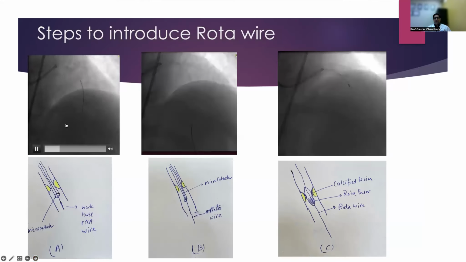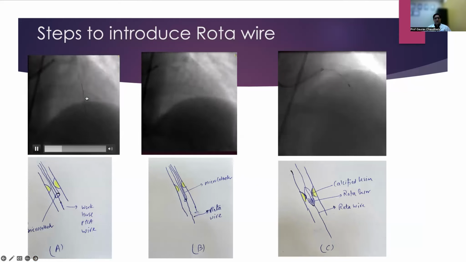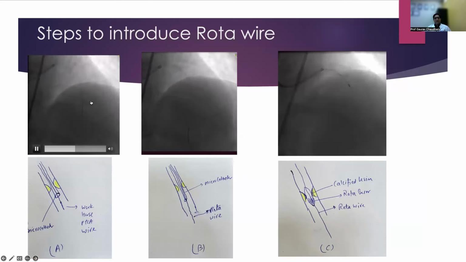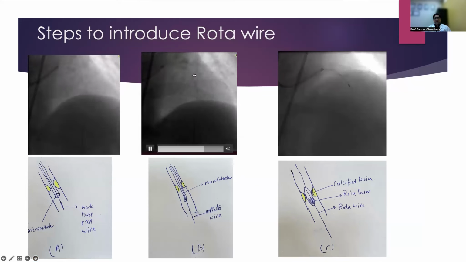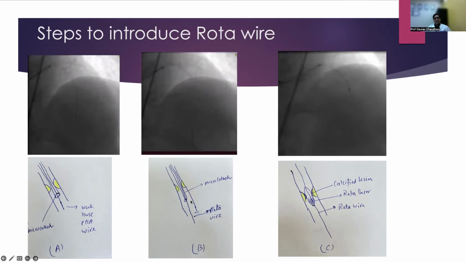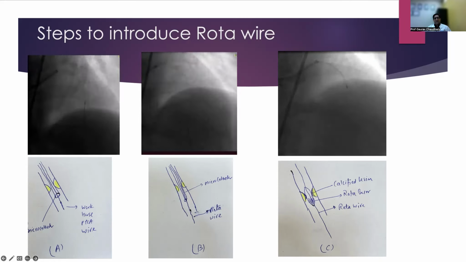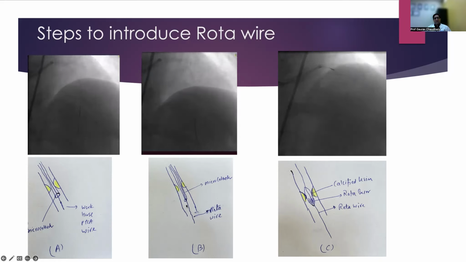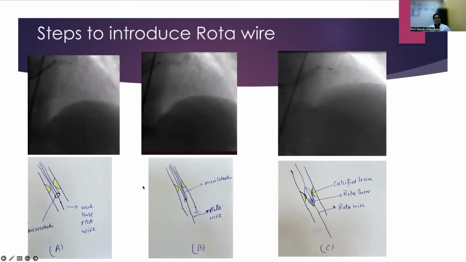The first important thing is how to introduce the rotawire and how to take a burr. Routinely, we take a microcatheter, and in this we take a wire, a workhorse wire like Runthrough or Xision Blue. Once the lesion is crossed, the microcatheter, as we can see in figure B, is taken across the lesion, and then the PTCA wire is taken back.